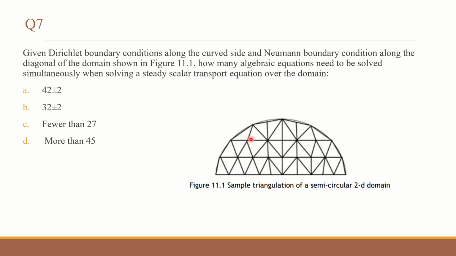So it is 1, 2, 3, up to 42. So we have 42 triangular elements.